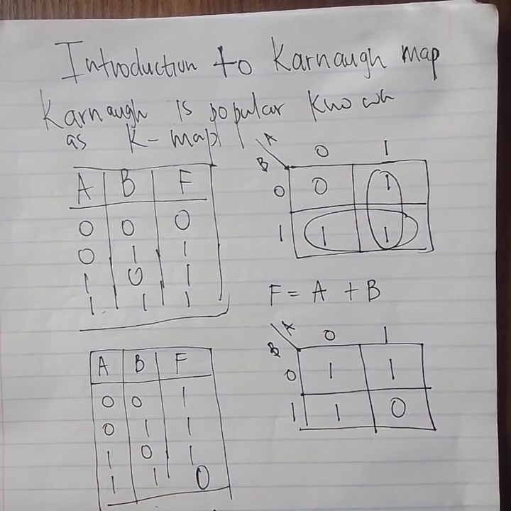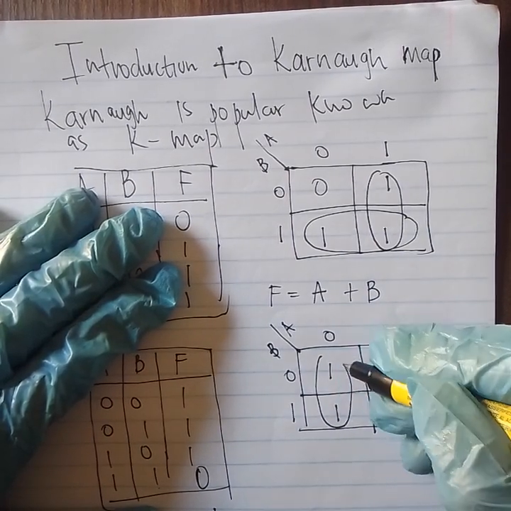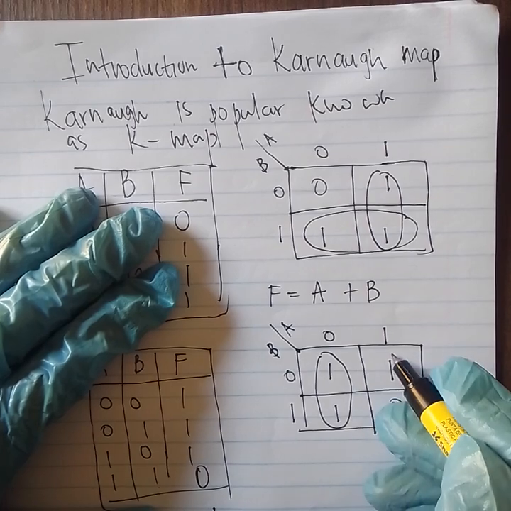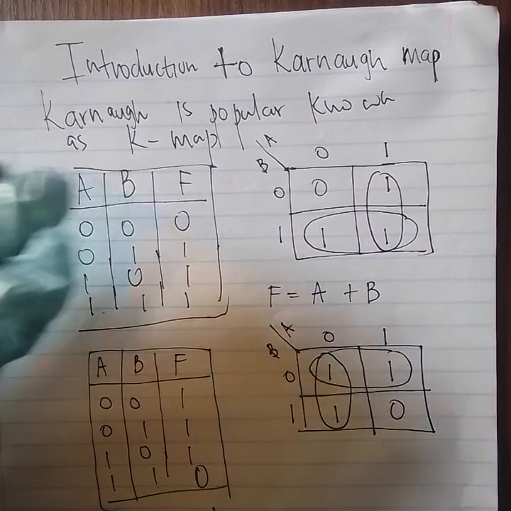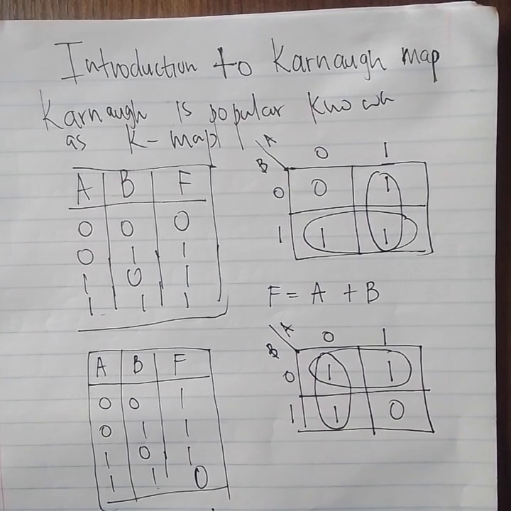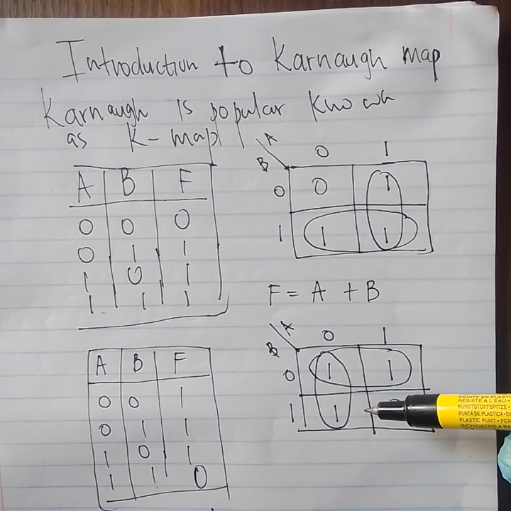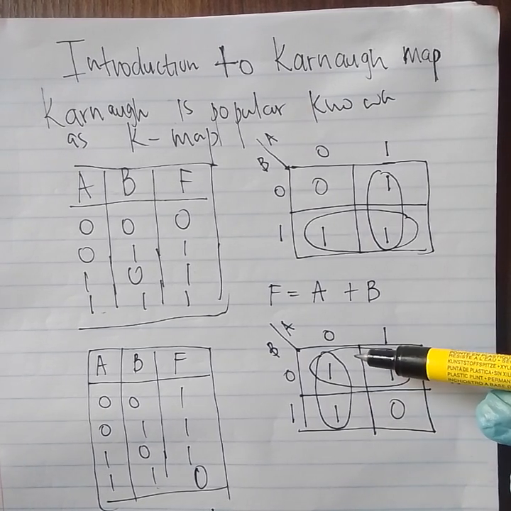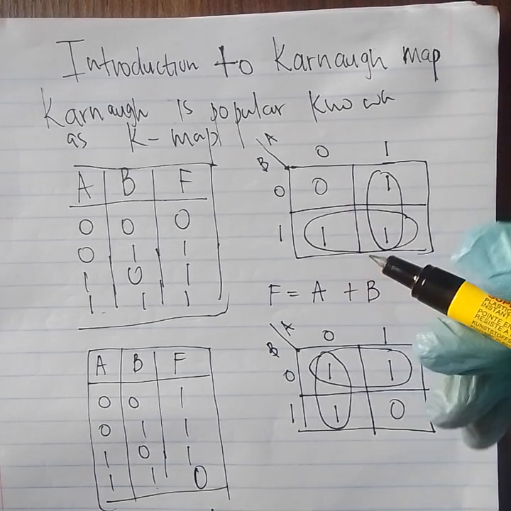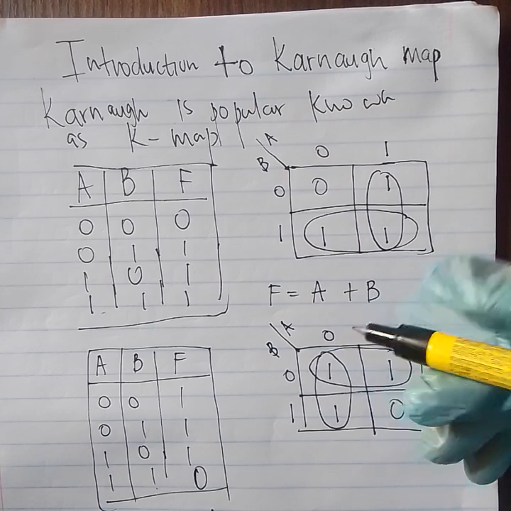Okay, now we have to group. This is the first group. This is the second group. We have two groups, the vertical group and the horizontal group. The vertical group always matches the input value of A, but it's opposite.